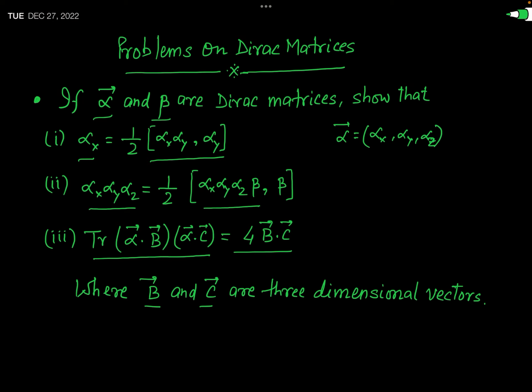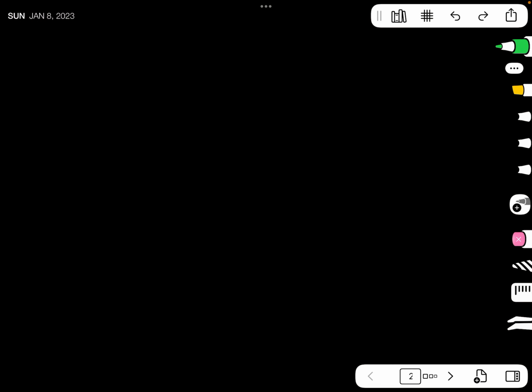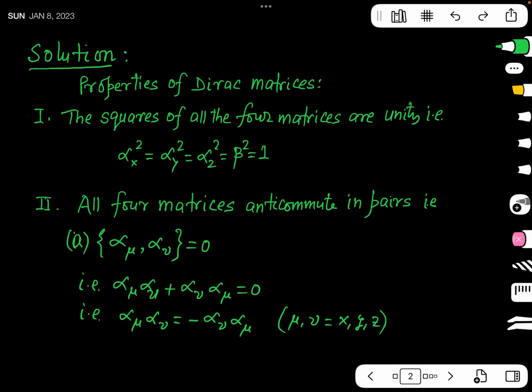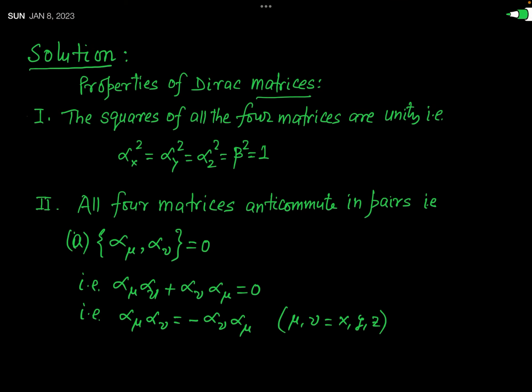For your convenience, I have mentioned here again the important properties of the Dirac matrices which will be used to solve the problem. Although you have already discussed this in the previous lectures, I have mentioned the properties as a revision.